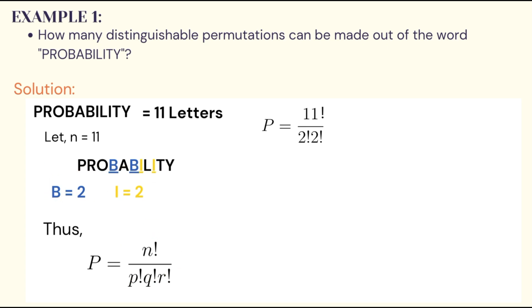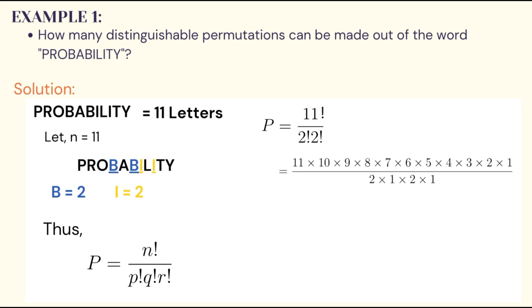Get the factorials of the values. 11 factorial all over 2 factorial times 2 factorial. 11 factorial is 39,916,800, while 2 factorial times 2 factorial is 4.